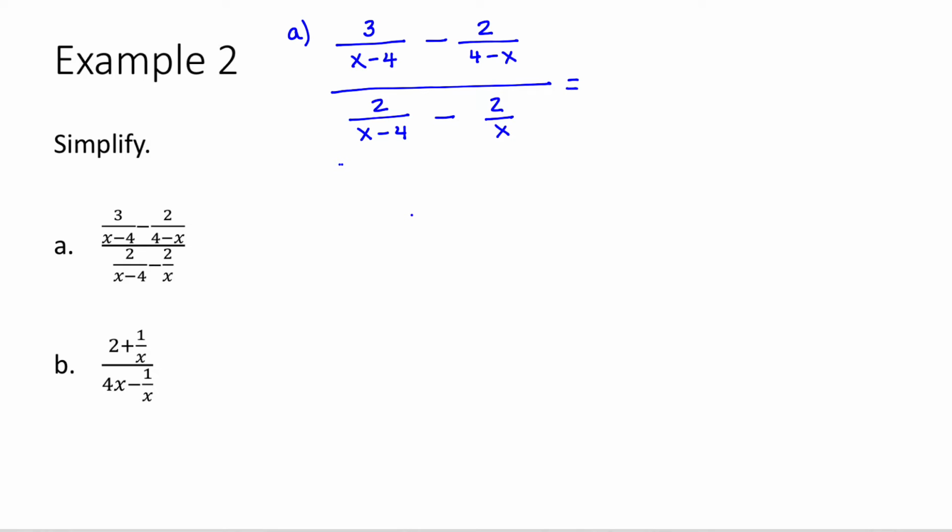So to combine the two fractions in the numerator together, I'm going to change this to 3 over x minus 4 plus 2 over x minus 4. So I basically factored out a -1, and then this -1 times the negative there is going to make a plus, and I just turn the order around so it's x minus 4.